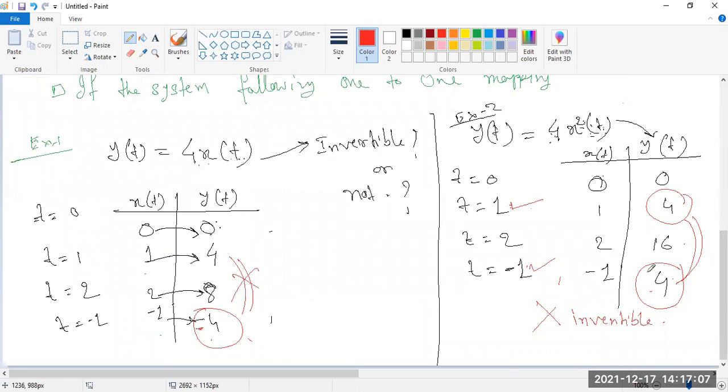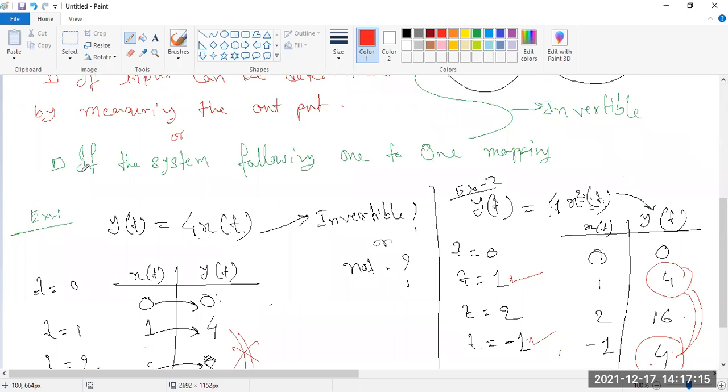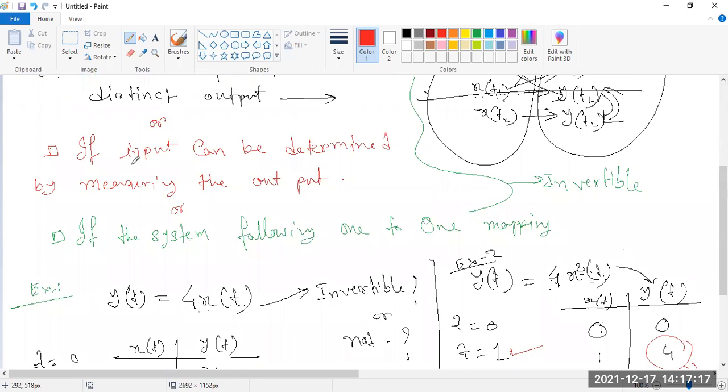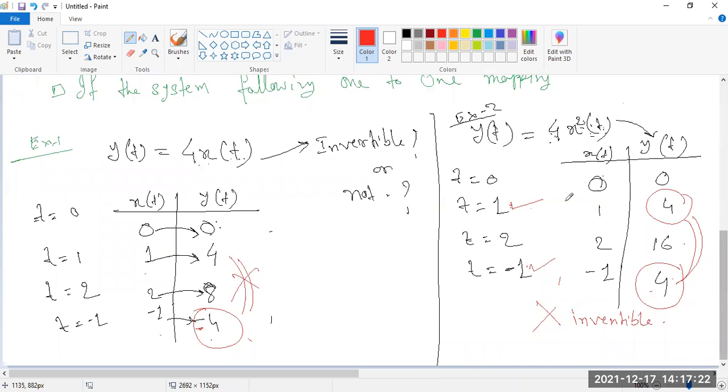But here, by using this 4, you can't say whether it is 1 or -1, you can't determine. So this statement, that input can be determined by measuring the output, is not applicable here, because 4 may be from 1 or from -1. This is a non-invertible system.